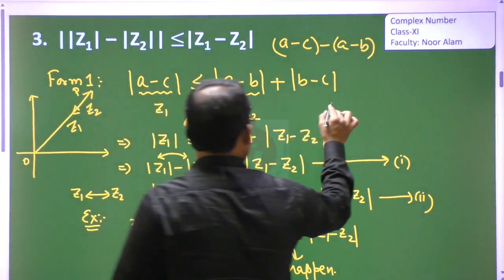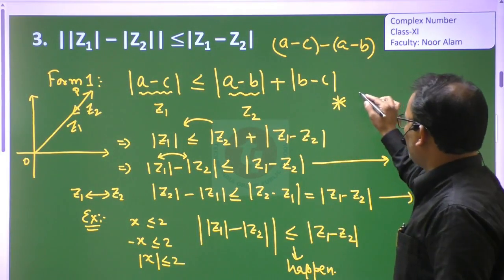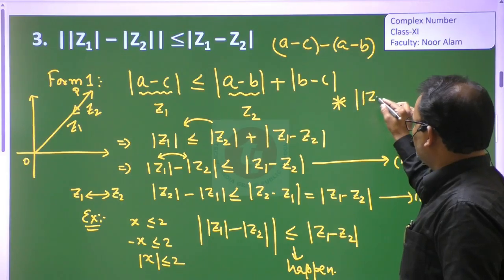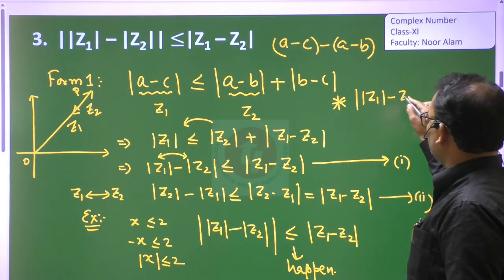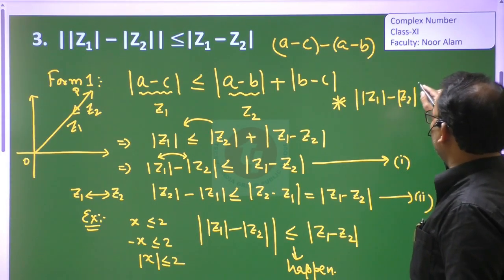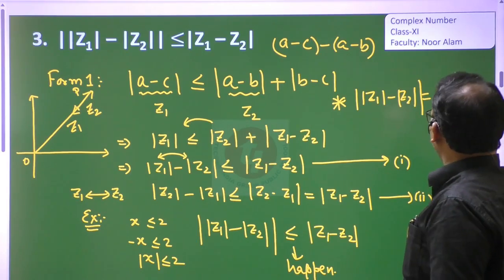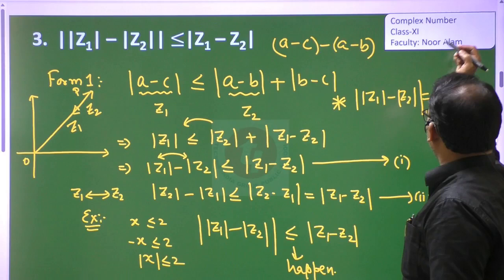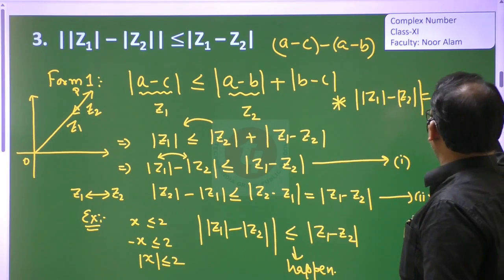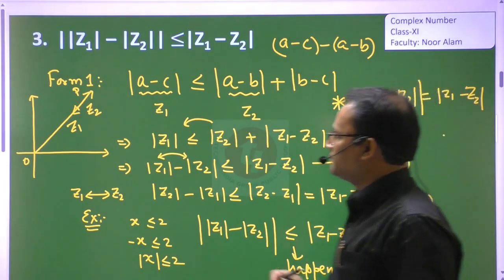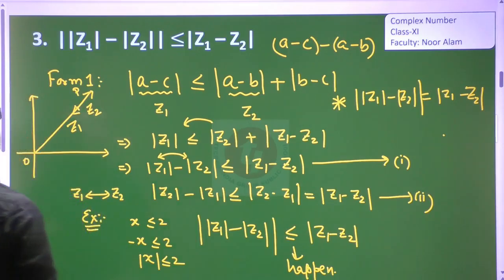So therefore this formula will be: modulus of mod z1 minus mod z2 is equal to mod of z1 minus z2. I hope the concept of the triangle inequality in the three different forms is clear, and you understand when the equal to sign and when the less than sign will happen.